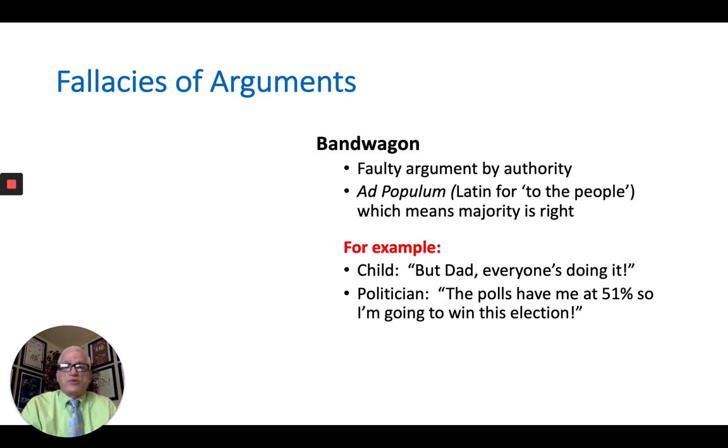A couple of examples. A child says, "But Dad, everyone's doing it." We decide that if everyone's doing it, it must be right. It must be true. Or a politician says, "The polls have me at 51%, so I'm going to win this election." We know that polls are just a sample size, but people will take polls and make the argument that if there's a majority in this poll, then that necessarily means that there is authority.